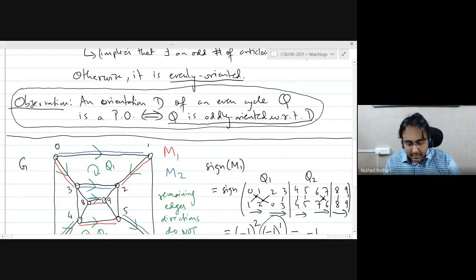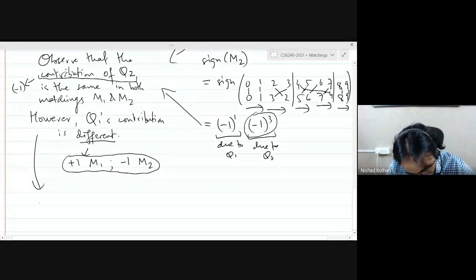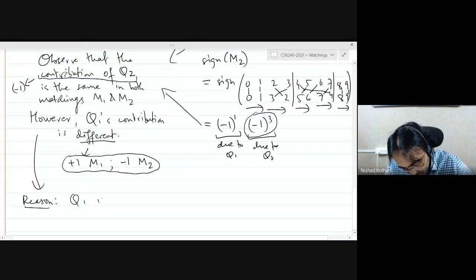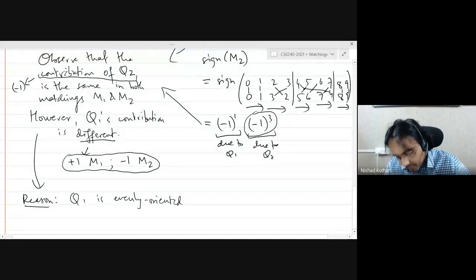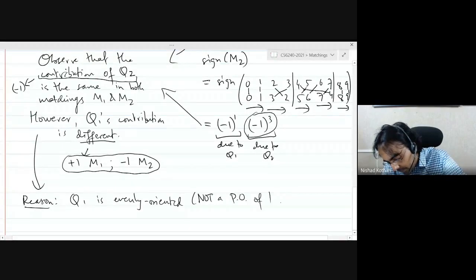Okay? So the reason for this is that Q1 is evenly oriented. So it is not a Pfaffian orientation of the corresponding even cycle.